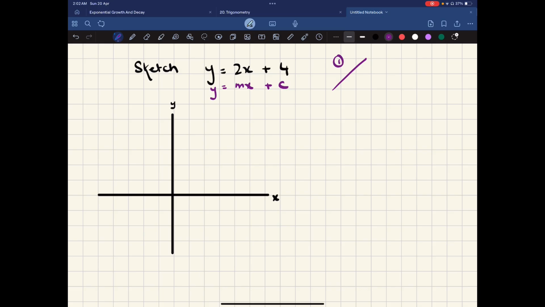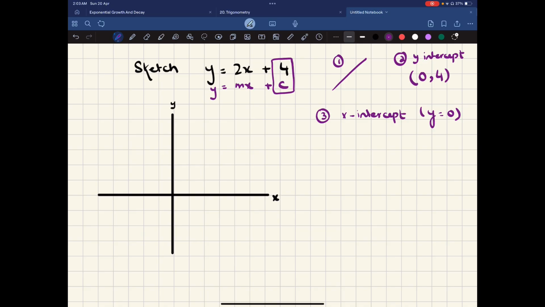That's the first thing. Second, what is the y-intercept? This is the y-intercept, right? So the graph crosses the y-axis at 4. The third thing that you need to find is the x-intercept, the point where y equals 0, the point where the graph crosses the x-axis.